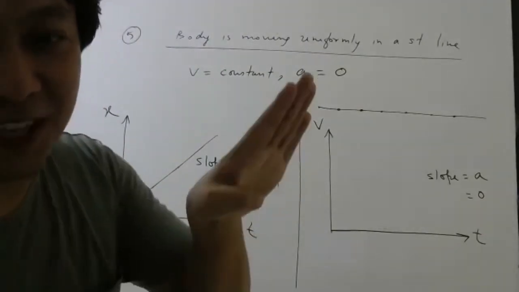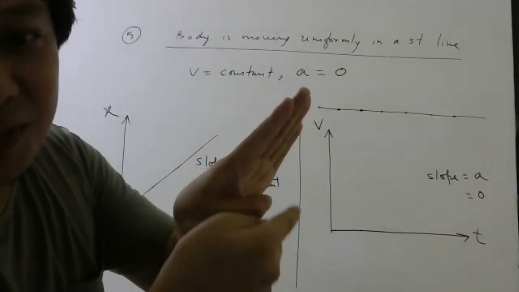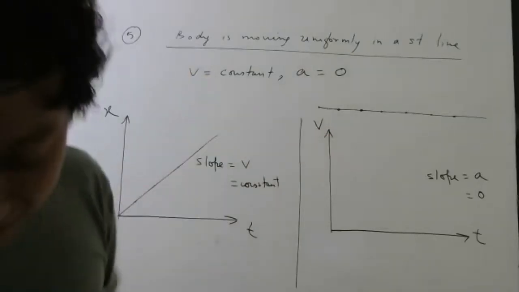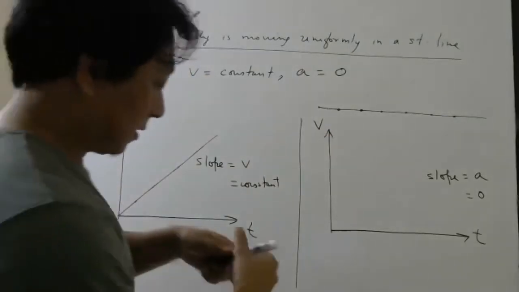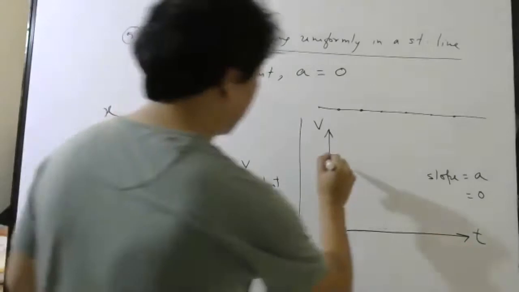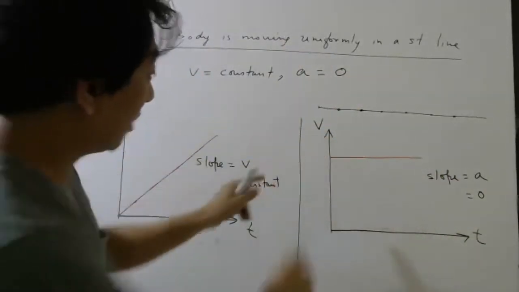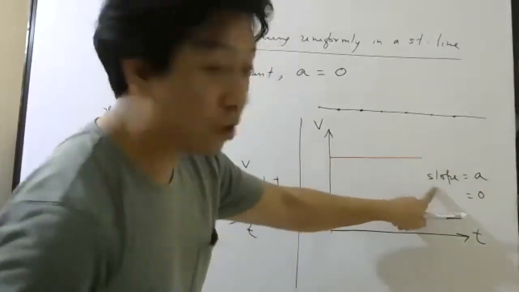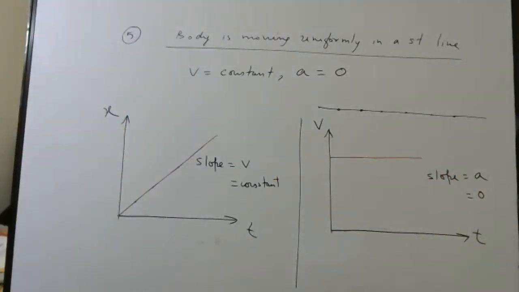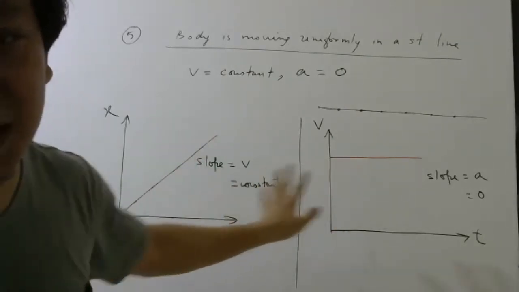Slope should be 0, so theta should be 0. So like this. Velocity is constant. Velocity is not changing, but slope is 0. So this is the most common question which they ask in exam.